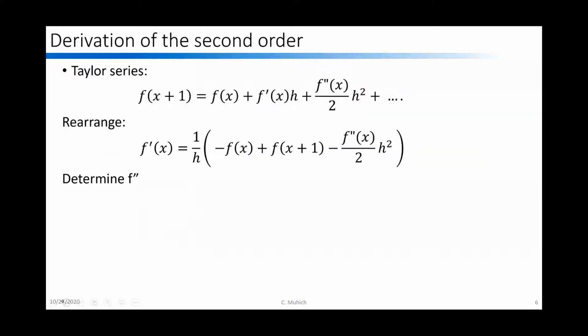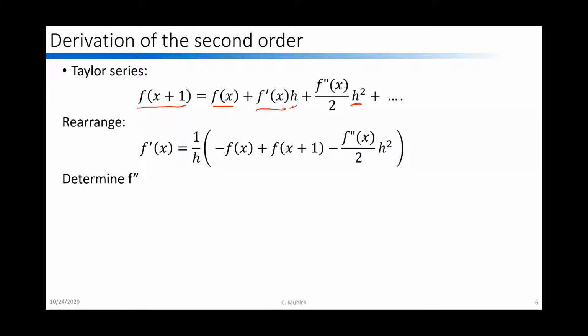So what we're going to use is a series of Taylor expansions. If you remember from calculus, Taylor expansion says that f of x plus 1, so our next f of x, should be equal to f of x plus the derivative of that function times the space plus the second derivative of x over 2 times the distance squared.